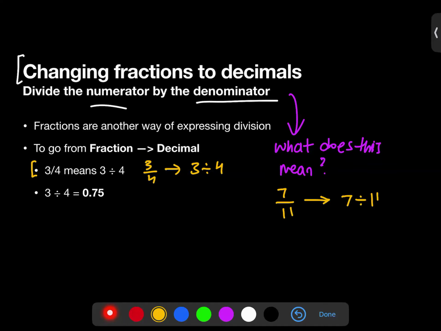And 3 divided by 4 is equal to what? 0.75. Does that make sense to everyone? Does everybody understand why 3 over 4 equals 0.75? Does everyone understand how we make that division?